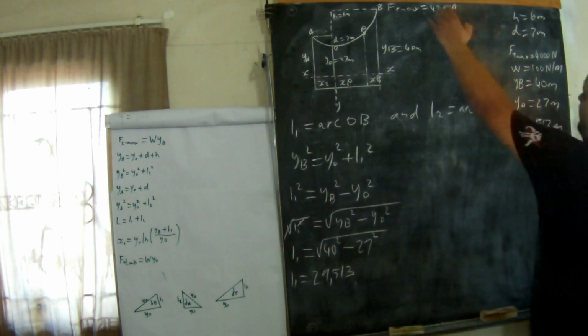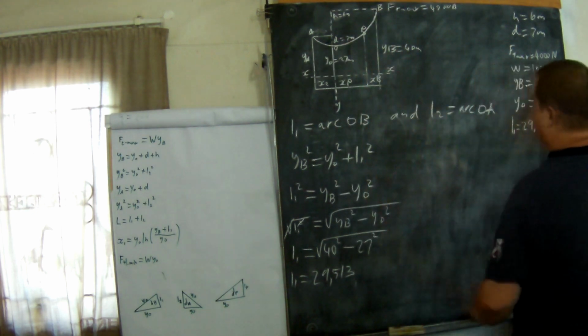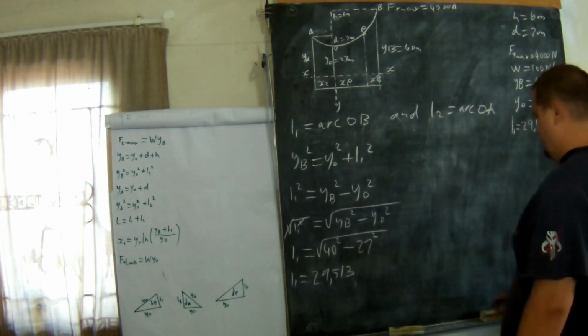That is how long that arc is from B to O. Now we're going to get L2.